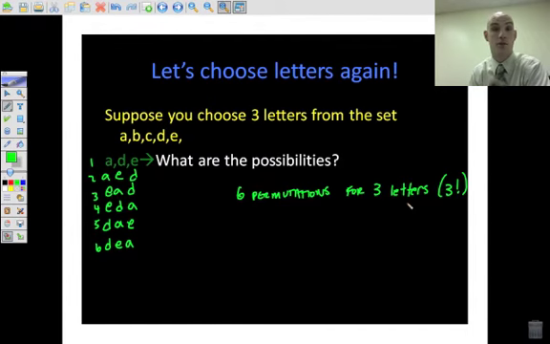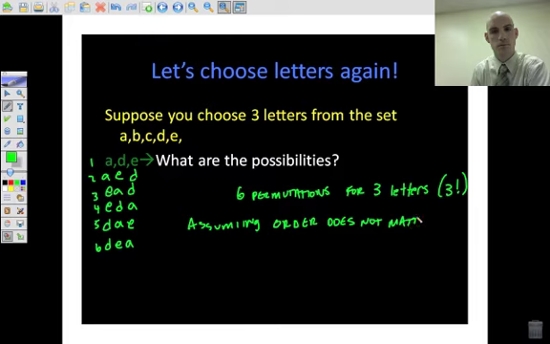Also, that would be 3 factorial. We've discussed this before. There are 3 factorial different ways to arrange those letters. Well, really, what we're doing is assuming order does not matter. The math of it looks like this.